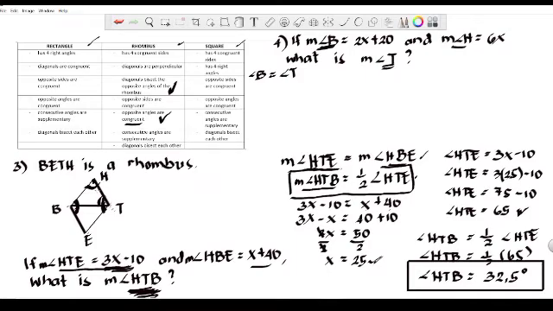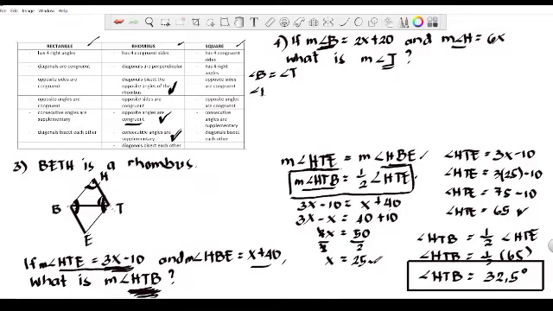So let us identify the relationship between the given angles. Angle B and angle H are consecutive angles. Consecutive angles of a parallelogram are supplementary, meaning when we add them, the sum will be 180 degrees.